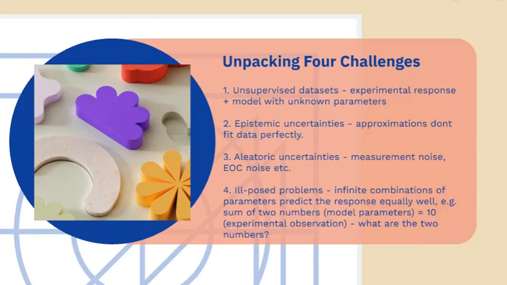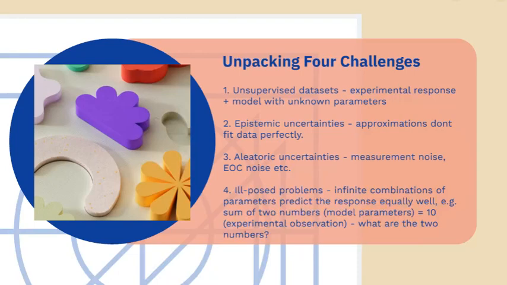Okay, so to give you an idea of what I mean with an ill-posed problem, in quotes, imagine my model is just addition. It's a very simple computational model. It just adds. If the input parameters to my model are two numbers, then essentially the output of my model is just the sum of the two numbers.